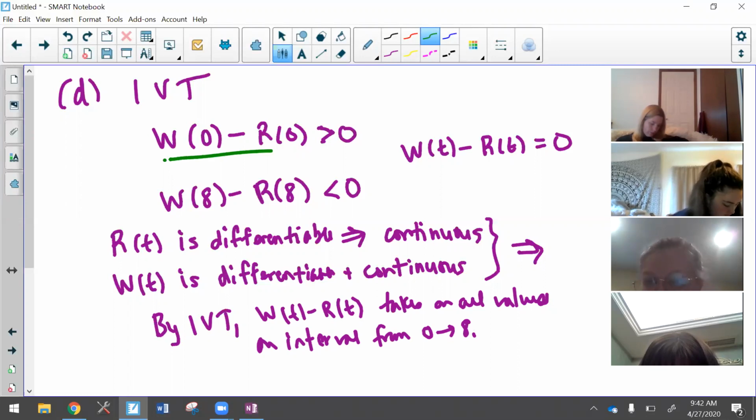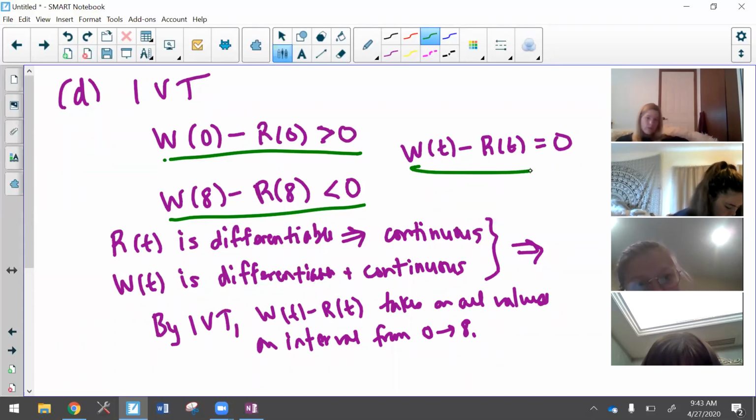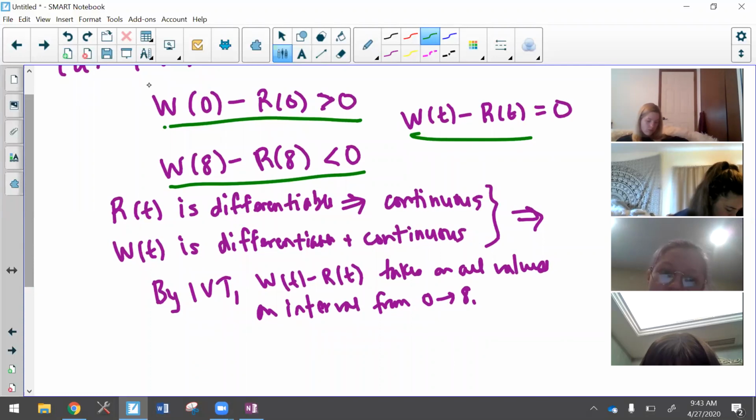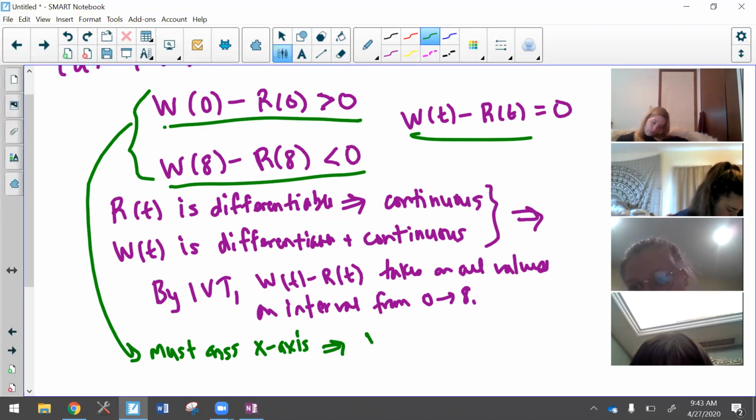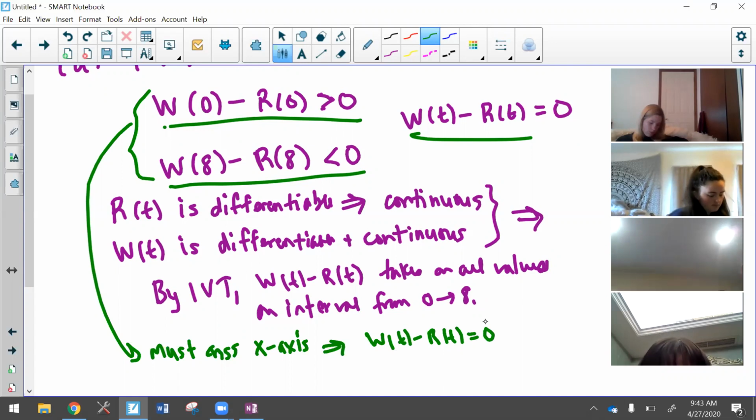And because some of the values of my function are greater than 0 and some of them are less than 0, this function must cross the x-axis, which implies that at some point w of t minus r of t must be equal to 0. Okay. All right, we good?